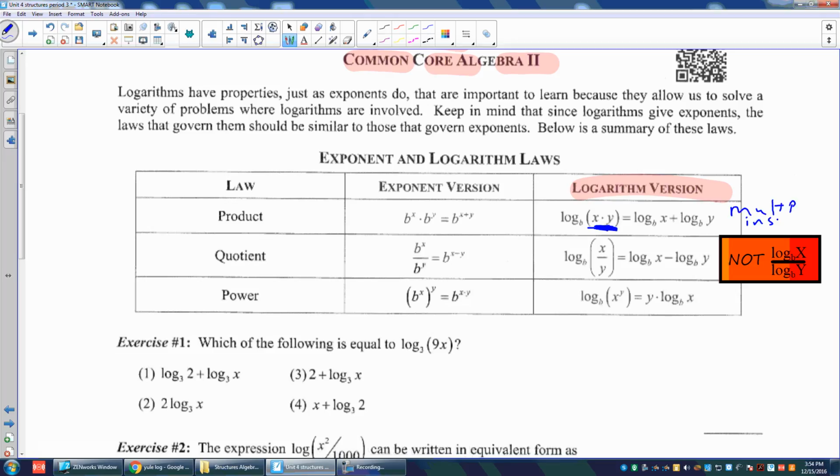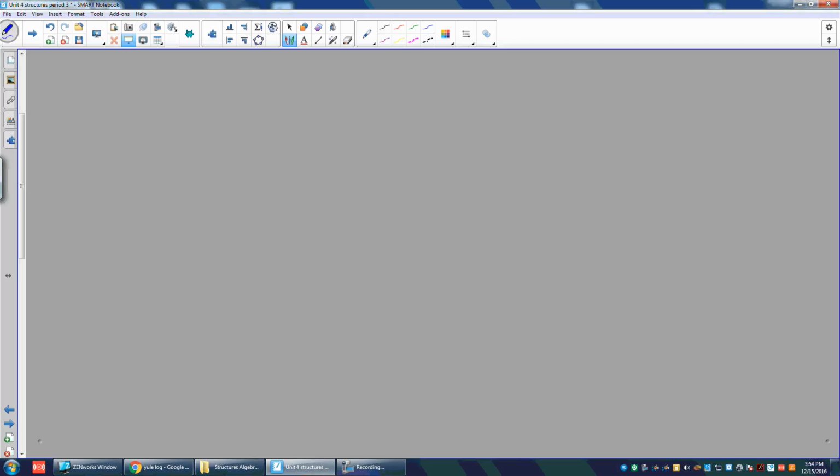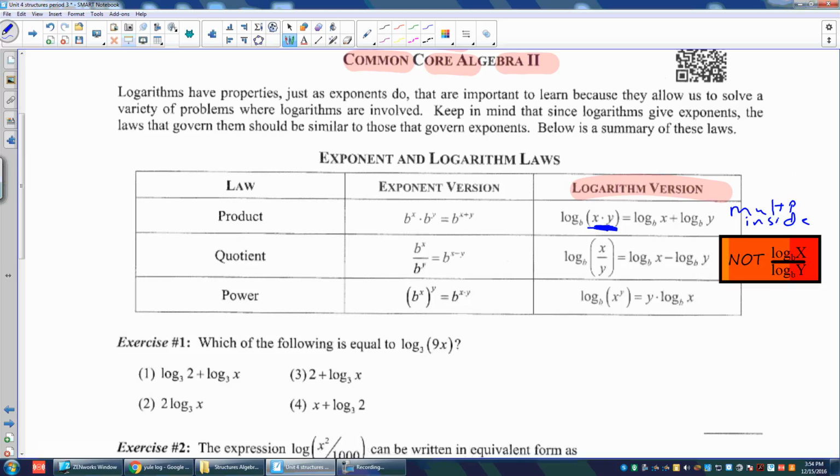Multiply inside is when this rule works. Got it? So what happens is you just add the value of the logs together. That's really handy.